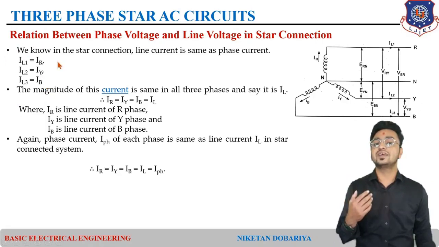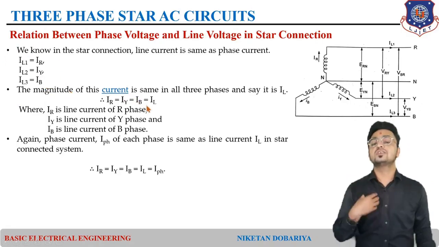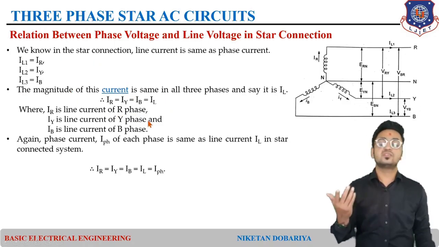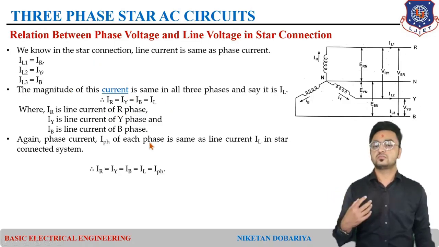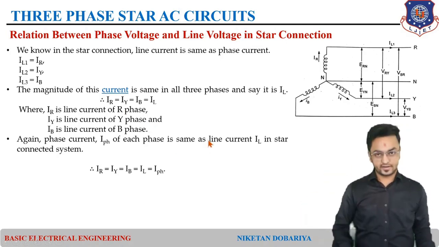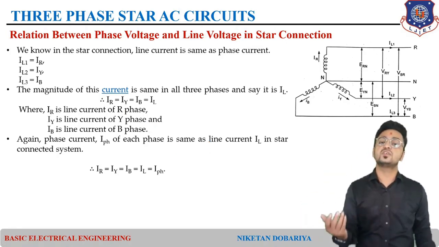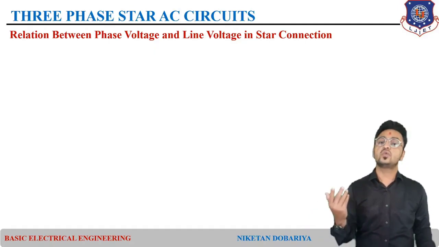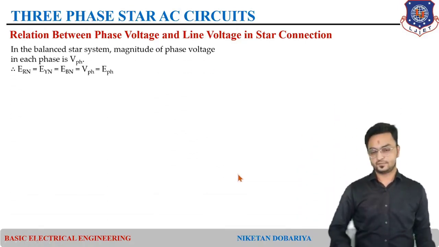In simple terms, all phase currents are equal to the line currents. So this is the simple relation between phase current and line current: phase current is equal to line current.